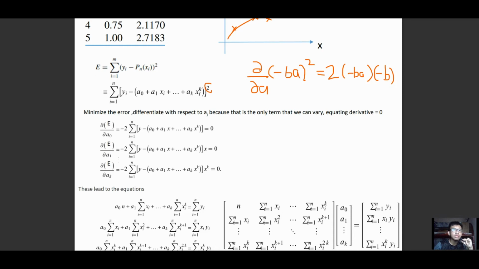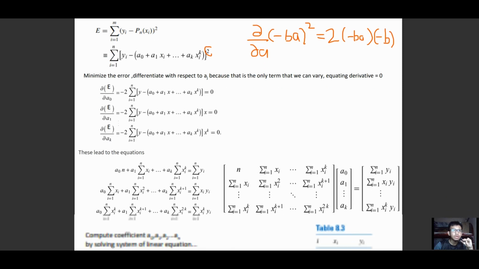So we take negative x. That's why I got negative x over here. So the whole way until we get to ak. This is just the generalization.